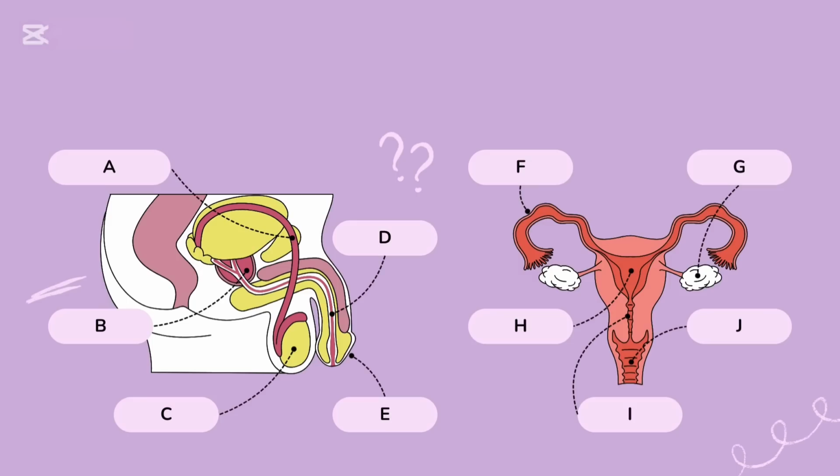Just a little brain teaser here for you. Look at this diagram closely and try to label the blank spaces to see how many you can label correctly. Your countdown starts now.